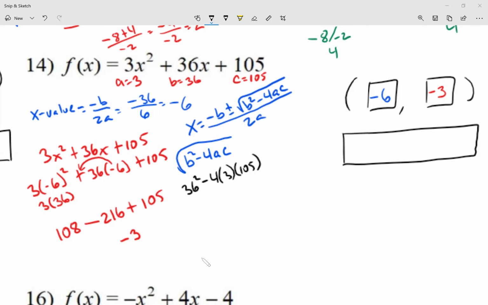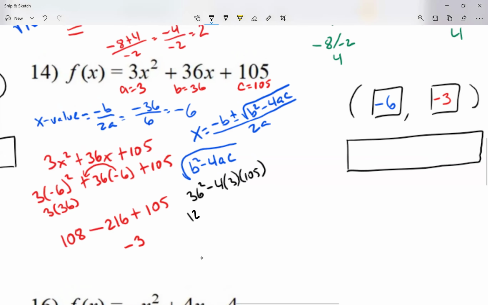Now, I know 36 squared is 1,296 minus. Then I'm going to go 4 times 3 times 105. According to my calculator, that's 1,260. When I subtract these numbers, 1,296 minus 1,260, that's 36. And once I get the square root of that, well, it's 6.